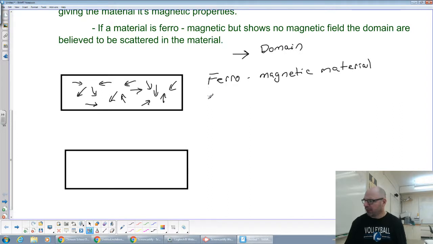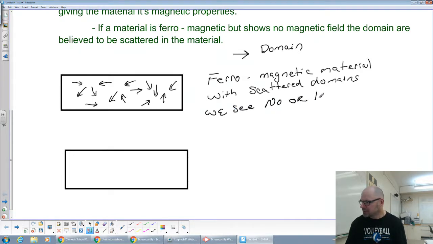Okay, with scattered domains. And we see no limited magnetic properties of the material.